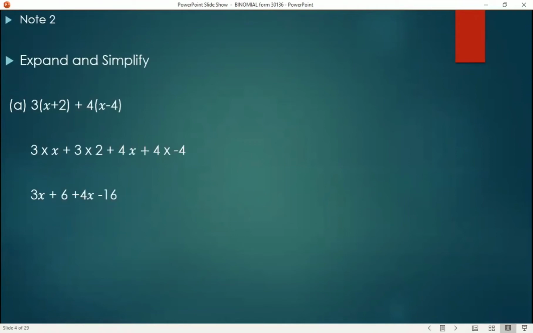So we can group all the x terms together, that is 3x plus 4x, and group the constants, that is 6 minus 16. So 3x plus 4x gives 7x, and 6 minus 16 gives minus 10.